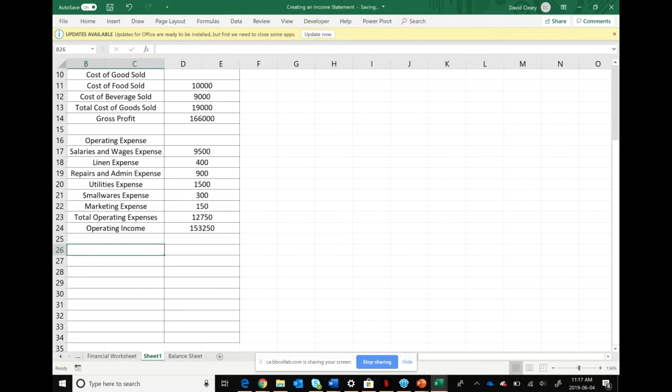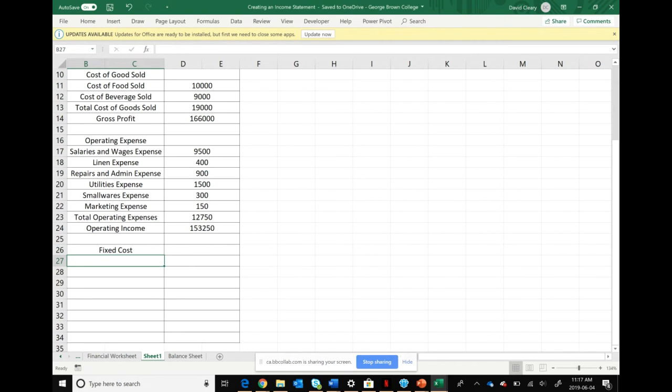Now we've come to the last section of the income statement. Well, kind of second to last, actually. What is the third section of a multi-step income statement? Fixed costs, yes, or fixed charges. So we put fixed costs as the title. Let's look at our fixed costs. We have depreciation, rent, and interest expense, and that's it.